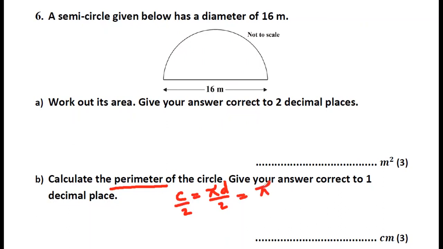So pi times 16 divided by 2, and that will give me 8 pi. And we must not forget that this straight line also needs to be added to this answer, which is 16. So my final answer will be, perimeter equals 8 pi plus 16.